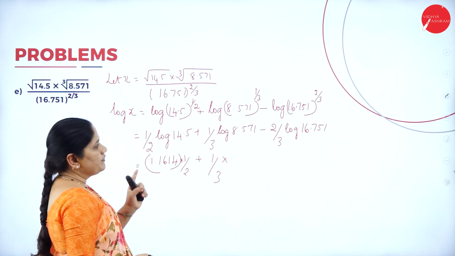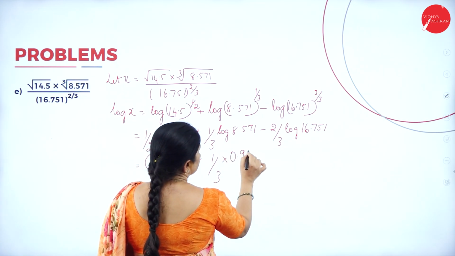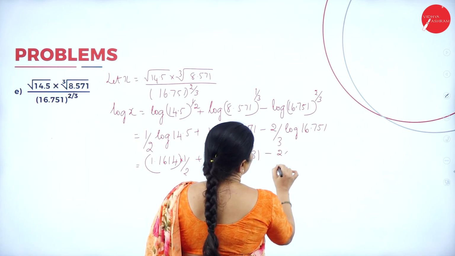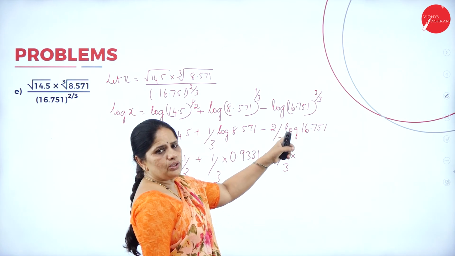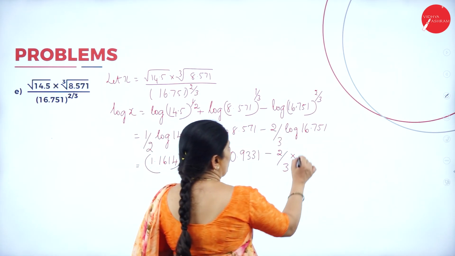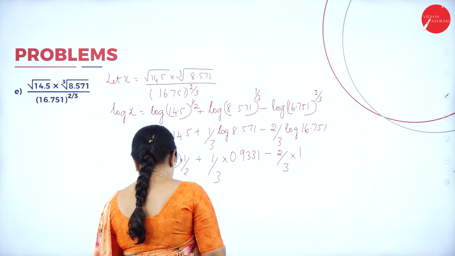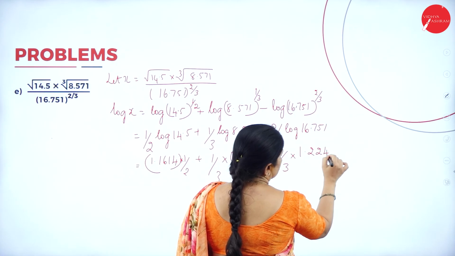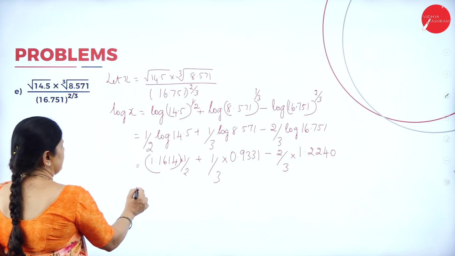The value of 8571 is 0.9331 minus 2 by 3 into log 16. So 2 digits, 2 minus 1 is 1 point. The value of 16751, that will be 2240. Now we simplify this further.